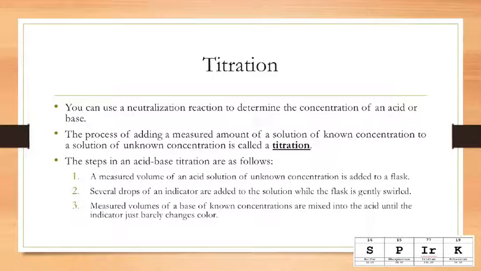The steps in an acid-base titration are as follows. The first step, a measured volume of acid solution of unknown concentration is added to a flask. Several drops of an indicator are added to the solution while the flask is gently swirled. Measured volumes of base of known concentrations are mixed into the acid until the indicator just barely changes color.